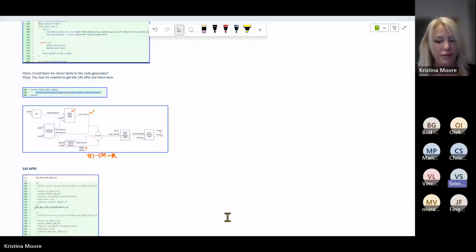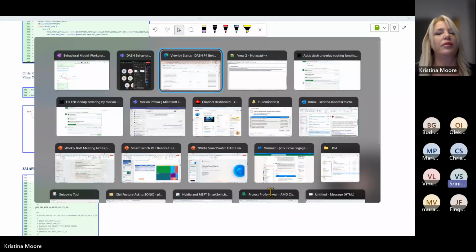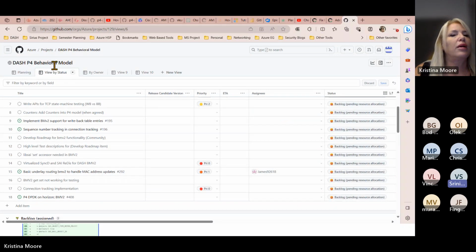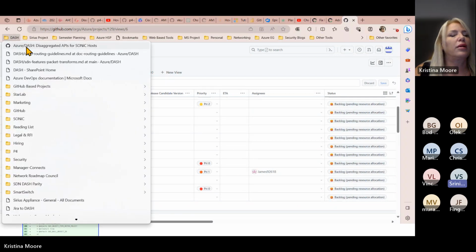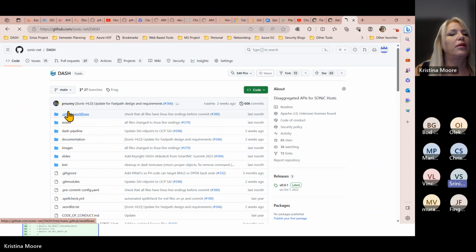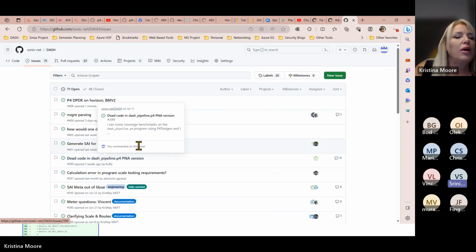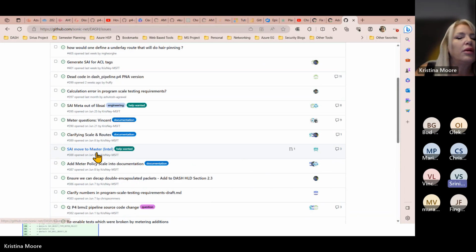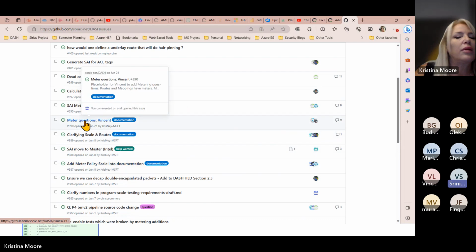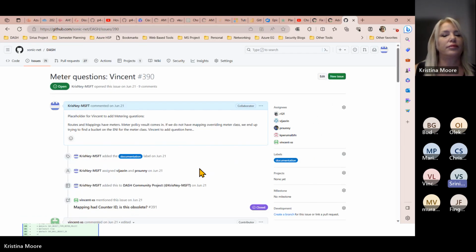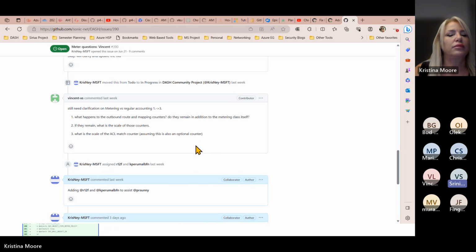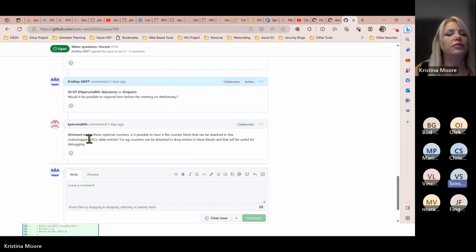Hey, Christina, there is one issue, 390, the meter questions that Vincent had raised. I think it's pivoted to counter questions. I think the meter-based questions have been answered. I think the counters as a feature needs to be addressed, from Prince or anybody else who can give us the actual requirements.